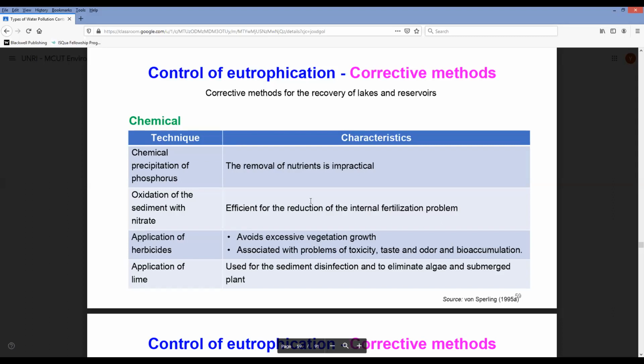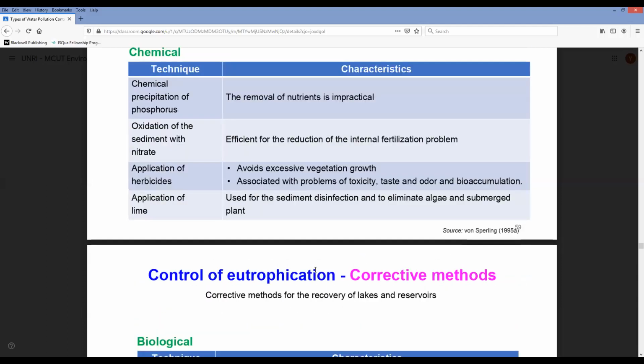The next one is oxidation of the sediment with nitrate. The next one is application of a herbicide. They add herbicide into the lake because they want to avoid vegetation growth. The next one is application of lime. They add lime into the lake to kill the bacteria and reduce the algae. Okay, the next, please.